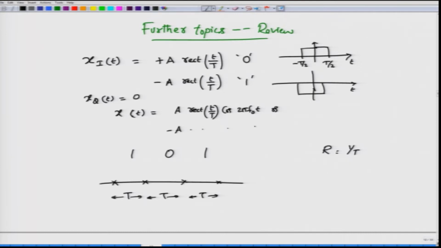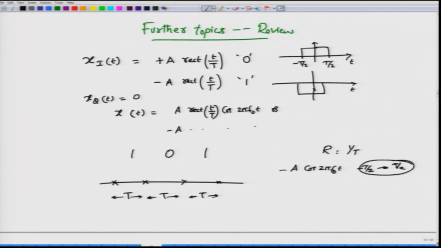When you want to transmit x of t with a bit 1, 0 or 1, you have to choose appropriately between a rectangular pulse t by t times cosine 2 pi f 0 t or minus a. So, in this case it is minus a. So, what you actually have will be minus a cos 2 pi f 0 t over the duration minus t by 2 to plus t by 2.